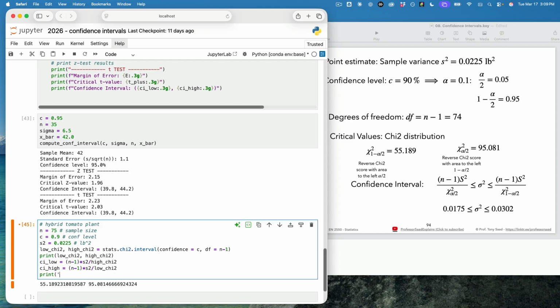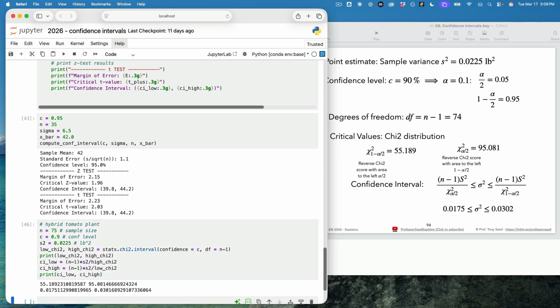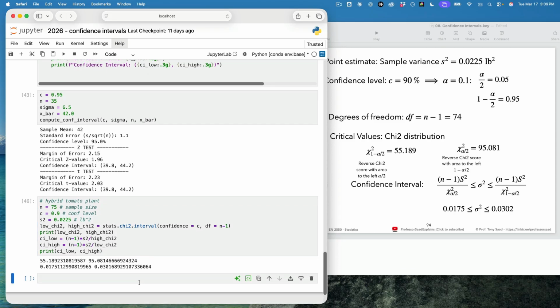And then print CI low and CI high. And indeed, that gave me an estimate on the variance in the population, that my true population variance is between 0.02 and 0.03 pounds squared. That's the variance I have in my true population.